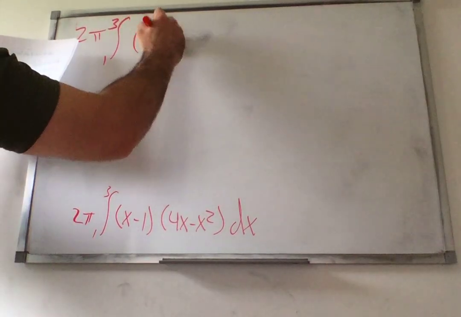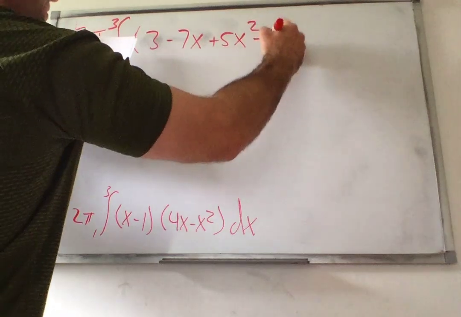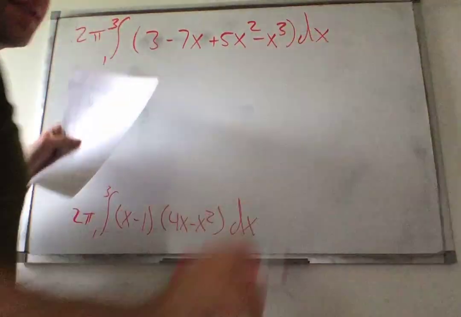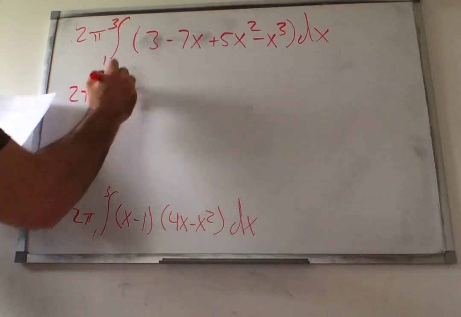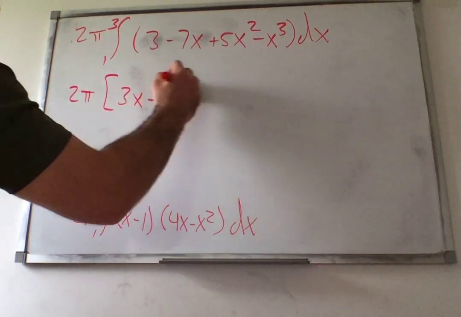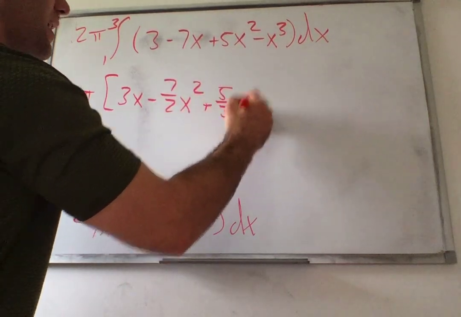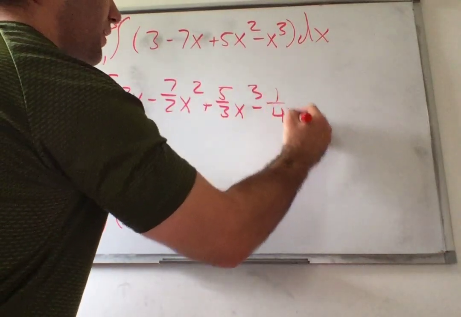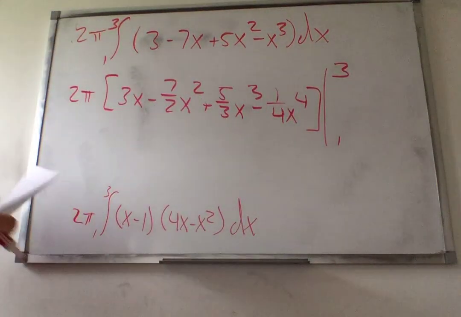You get 3 minus 7x plus 5x squared minus x cubed dx. So integrating this, let's see, you get 3x minus 7/2 x squared plus 5/3 x cubed minus 1/4 x to the 4th, evaluated from 1 to 3.